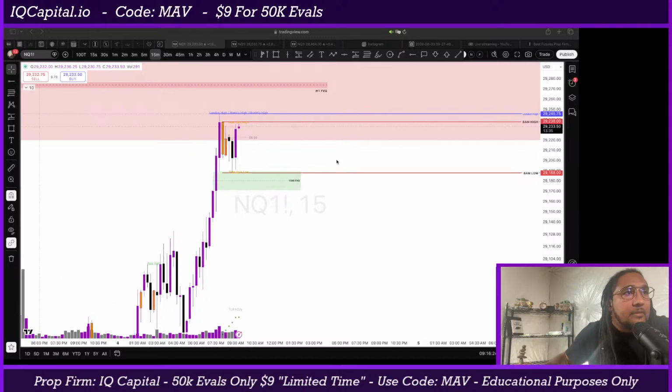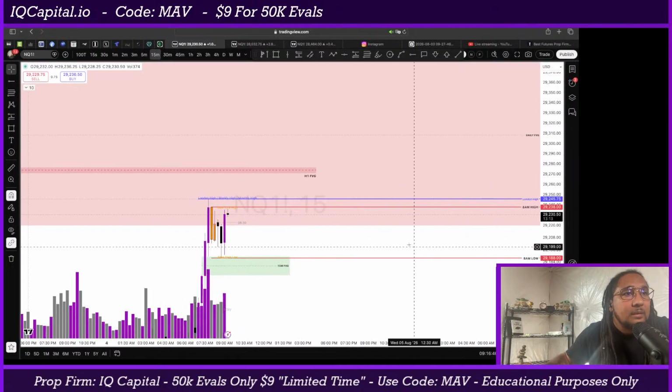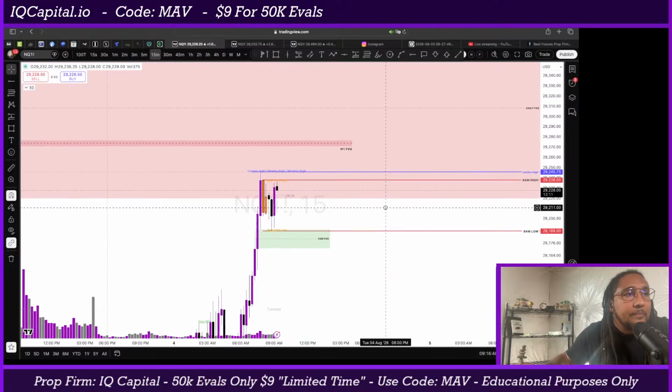And we'll see if we get a sweep of these 80M highs along with this key level of London high, or this higher time frame H1 FVG PD array here. We tap into that. We're currently in this daily inefficiency. This is a daily bearish fair value gap that we're in.